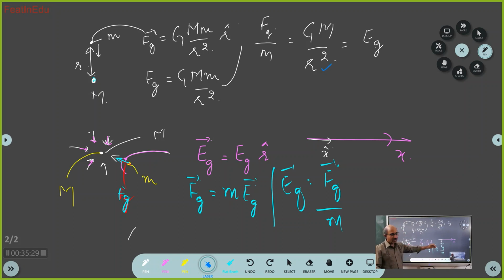The formula for Eg is this. Why did I write the formula here? Because Sankalp asked, sir, what is Eg? So I told what is Eg. Got it?